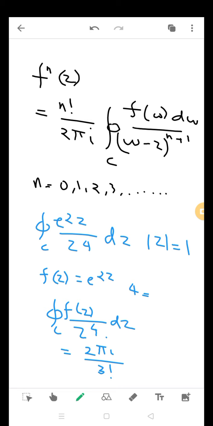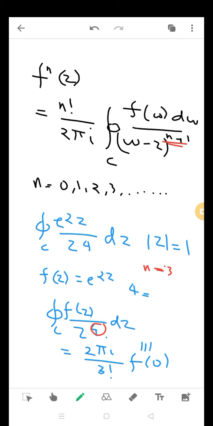So this is f third derivative at 0, times 3 factorial. Why am I using 3 factorial? Because this 4 is basically n plus 1, so that is why n becomes equal to 3.